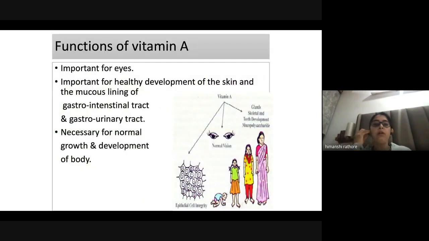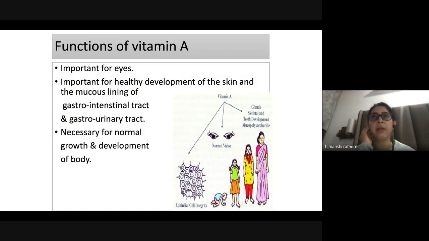Now moving forward, here is the slide which is showing the functions of vitamin A. Why do we need vitamin A? Because it is important for our eyes. I discussed this yesterday also, that if you are not consuming the right amount of vitamin A, your vision will be compromised. So for normal, healthy vision, you need vitamin A in good amount.